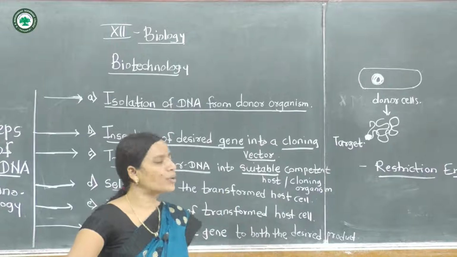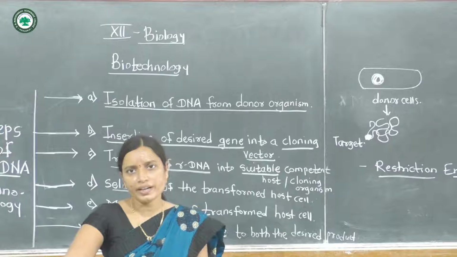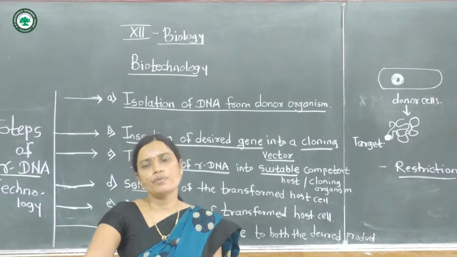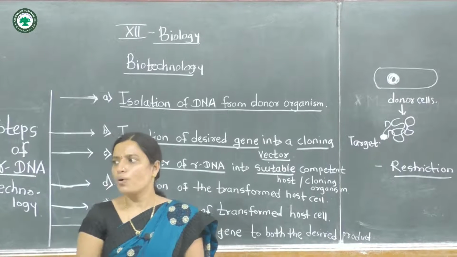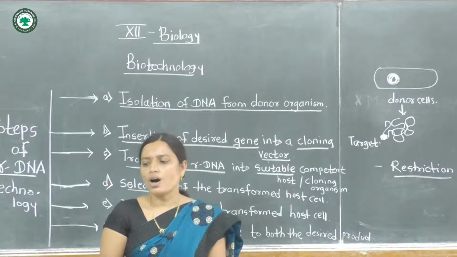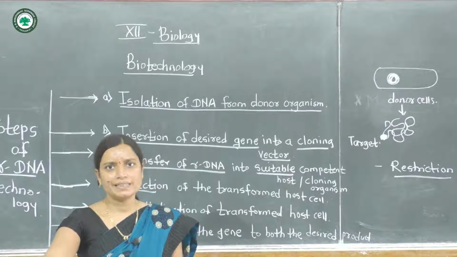First, from the donor cell they can isolate the specific DNA. This DNA is the origin DNA, also called the passenger DNA.